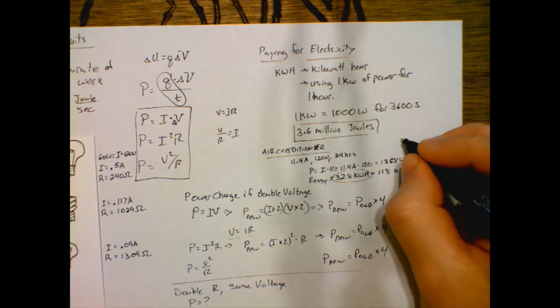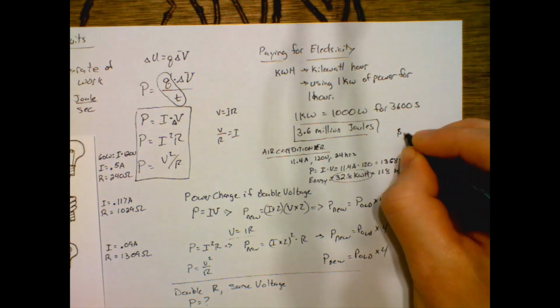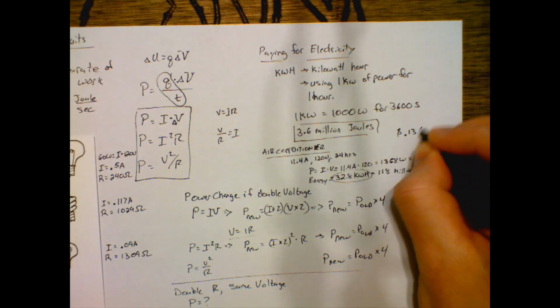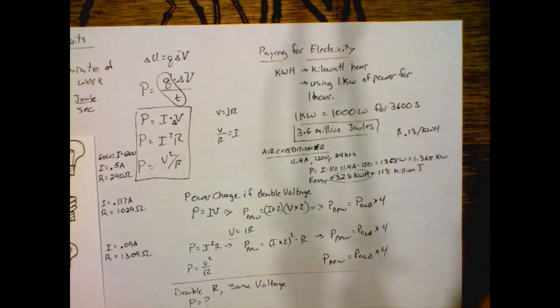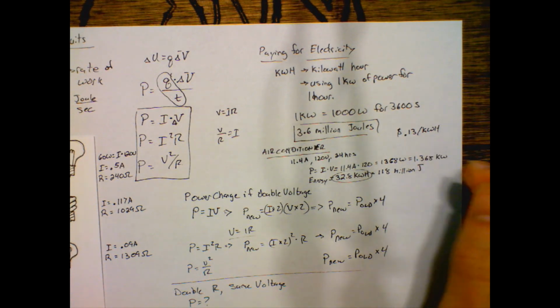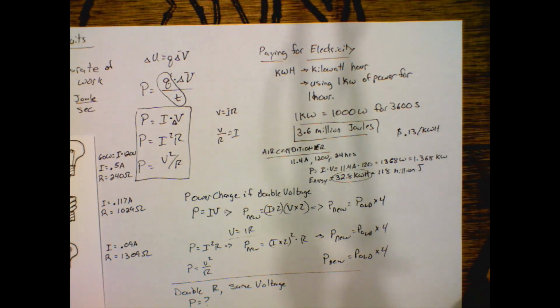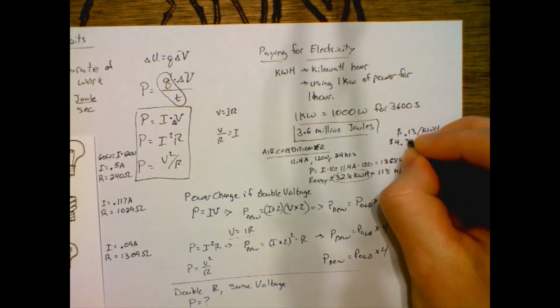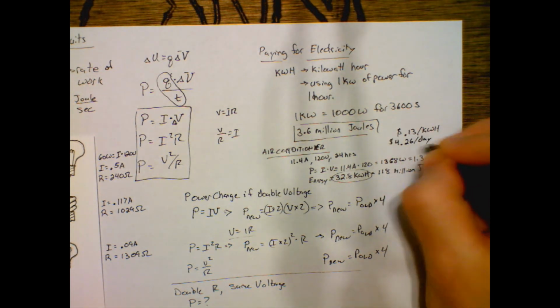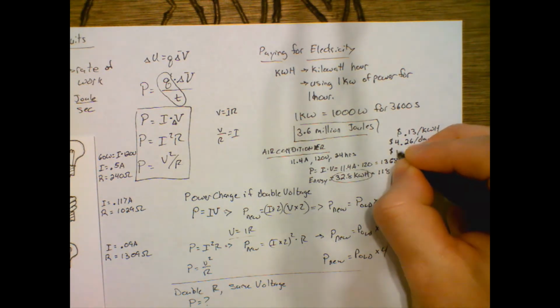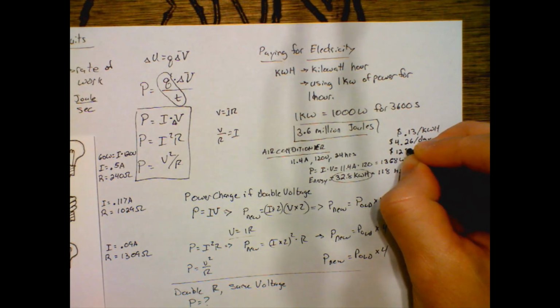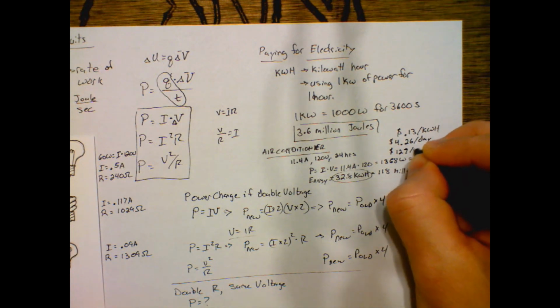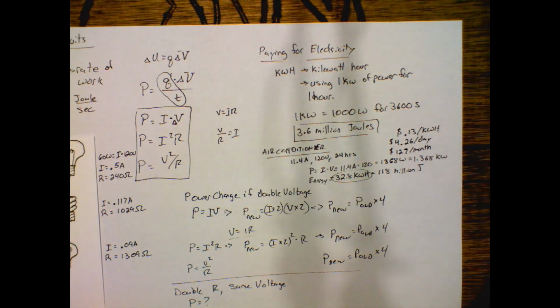The cost for a kilowatt hour is in the ballpark of about 13 cents, which isn't that big of a deal. It looks like this air conditioner costs only about $4.26 a day. But over the course of a month, you're closing in on $127, $130. So that can be kind of expensive.